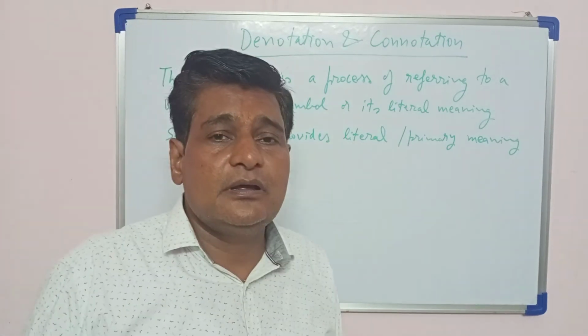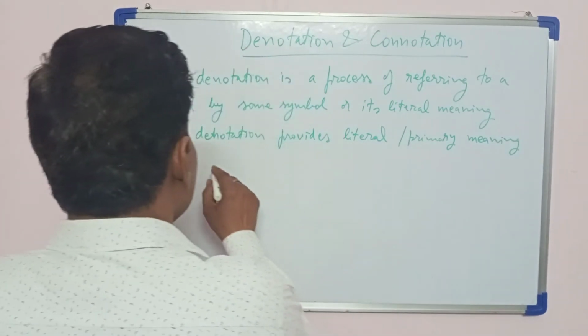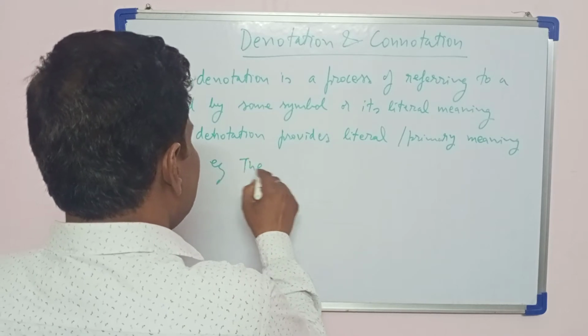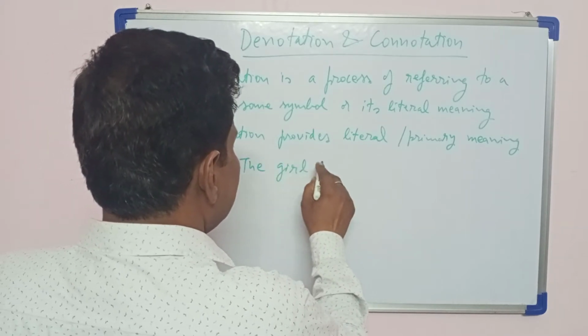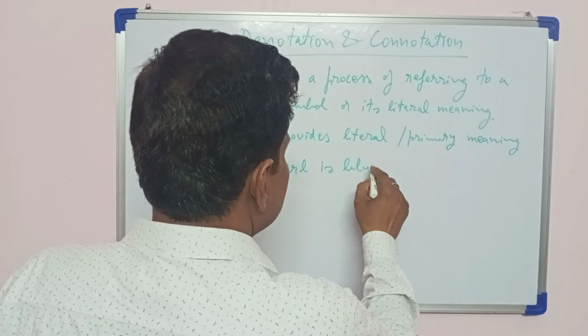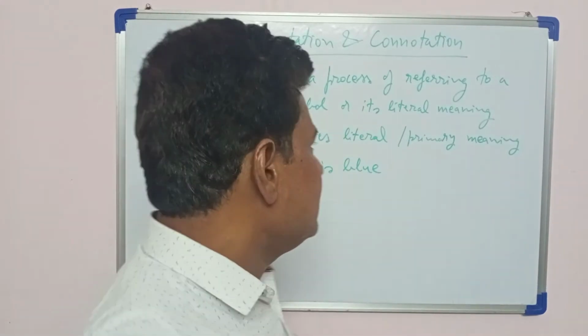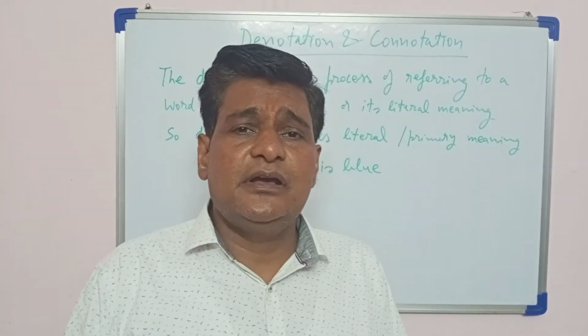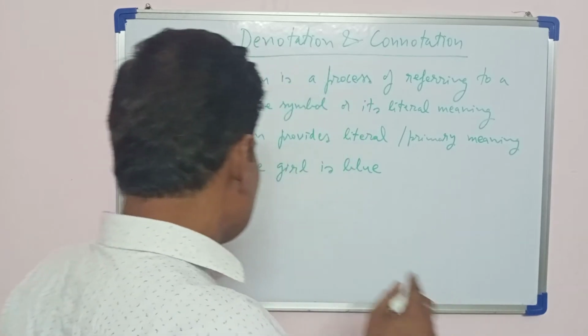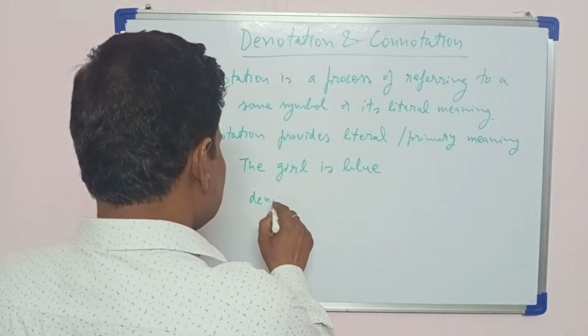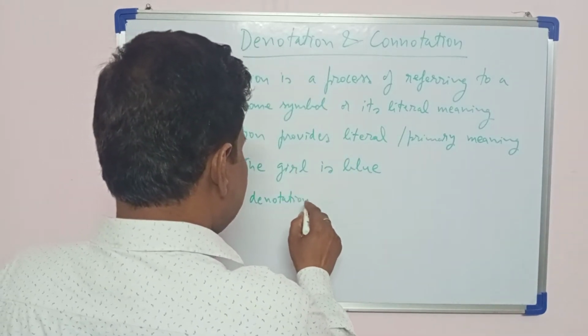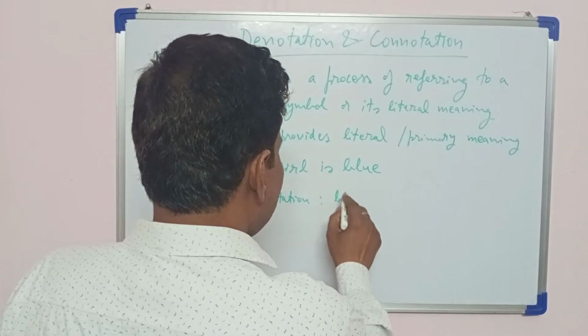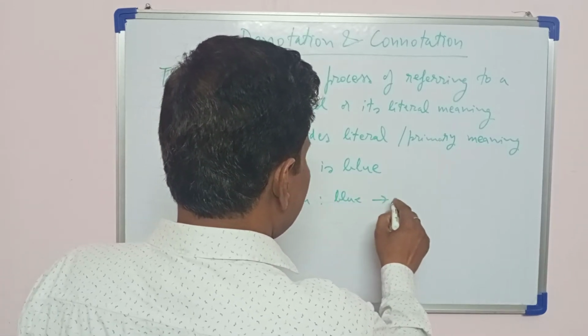For example, if I say the girl is blue, so its literal meaning means blue color. So what is denotation? Denotation of blue is blue color.